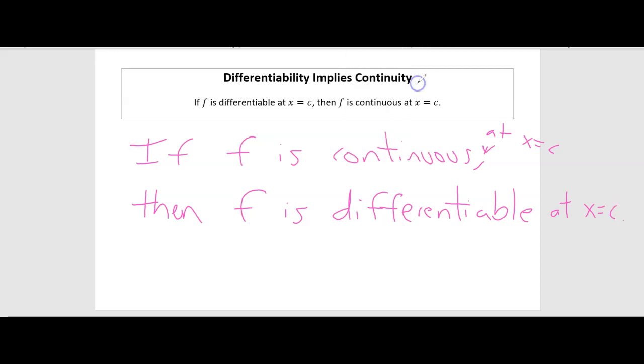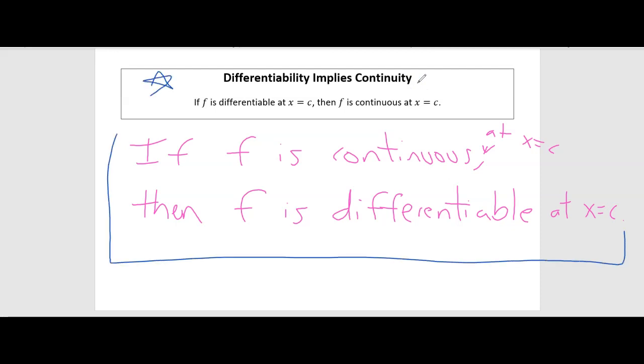So this would be the converse of this theorem up here. But in this case, the converse is false.